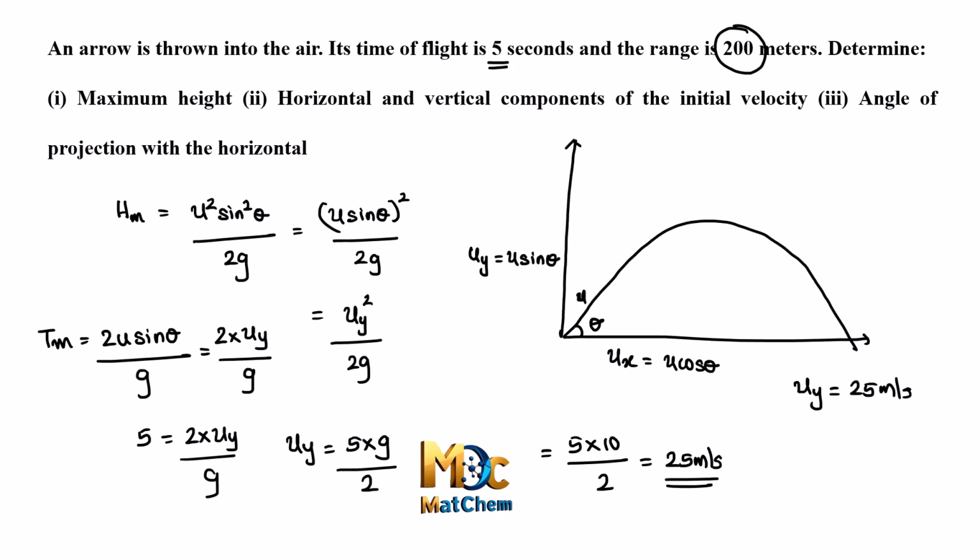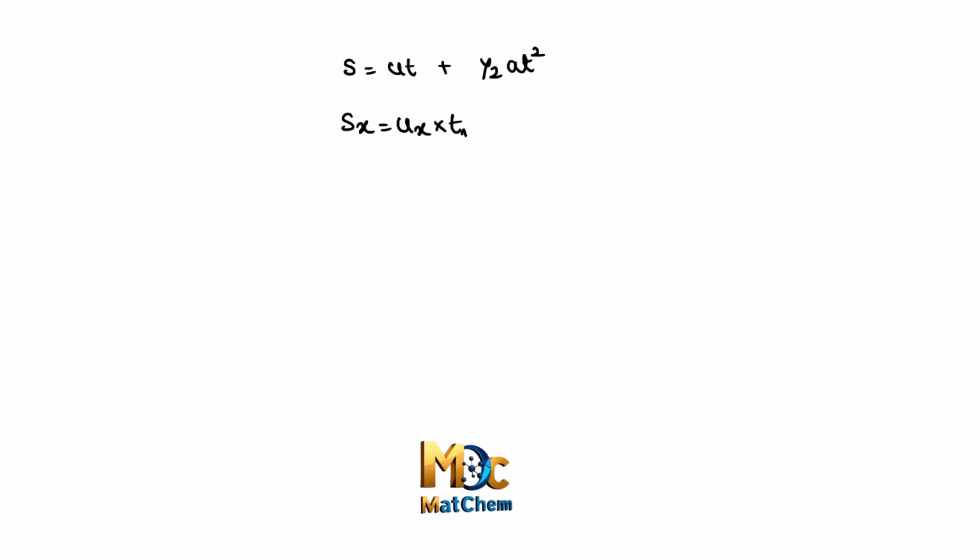T is nothing but the time of flight, because we are calculating the horizontal distance covered by the object in the time of flight. So you get ux into time of flight plus half into ax into t square.